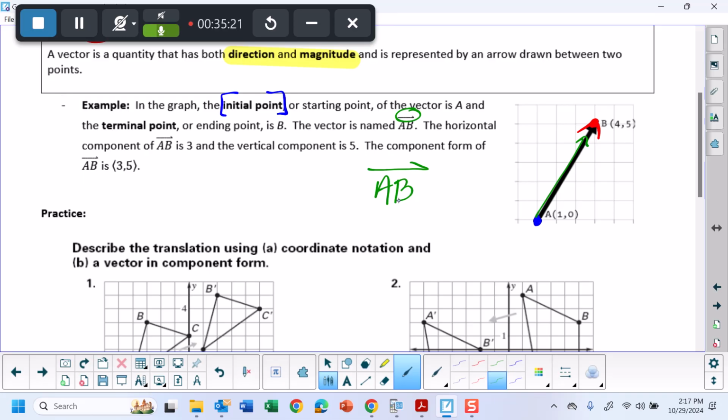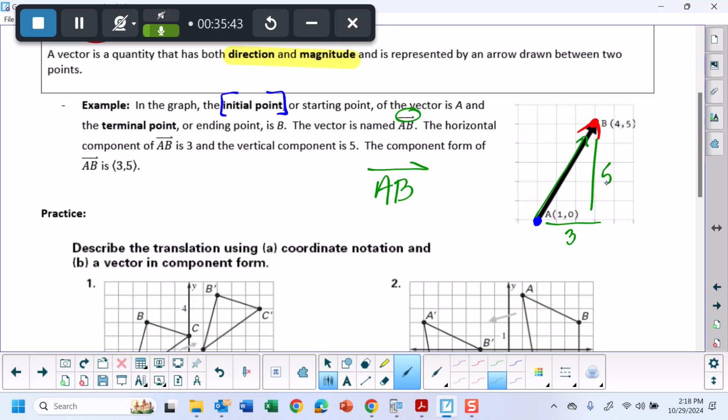The horizontal component of vector AB is going to be 3. And the vertical component of vector AB is going to be 5. Notice 1 plus 3 is 4 and 0 plus 5 is 5. So that's what A and B have been added to.